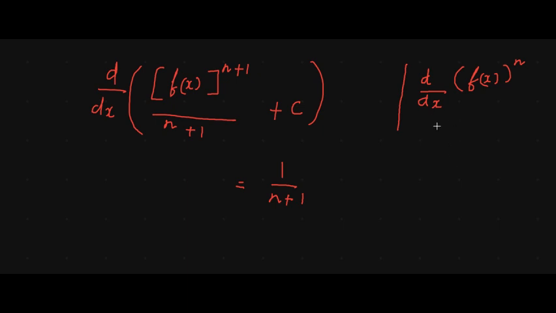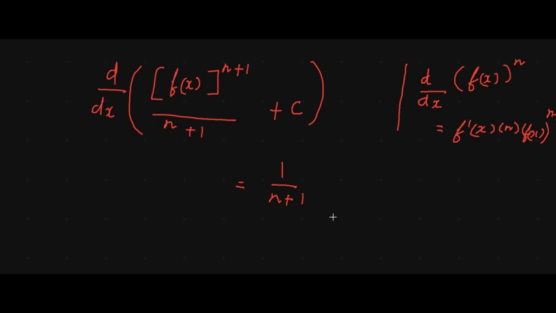And this again, we study in derivatives. There is a derivative chain rule like this, okay? It will be f prime of x, that is, you find the derivative of the function that's inside, okay? And then you multiply that by n. Then take that function and put it to the power n minus 1.